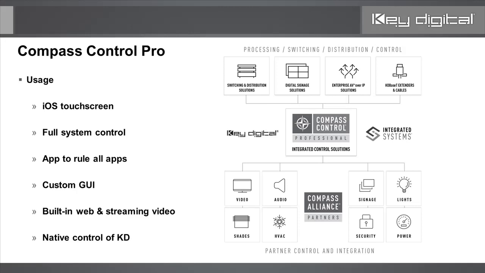Compass Control can control third-party peripheral devices, from video products like video sources and displays, projectors, audio devices like DSPs, amplifiers, music streamers, signage players, lighting, shades, and HVAC controllers, from integration and automation products, security systems, and power management through our Compass Alliance partners.